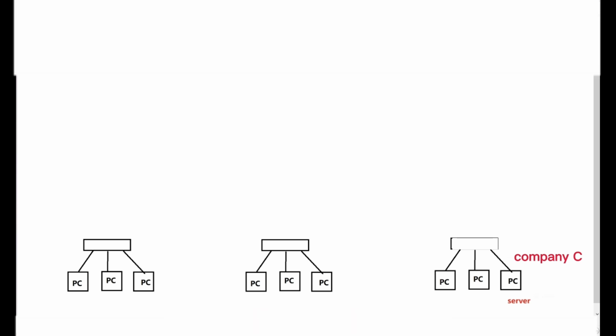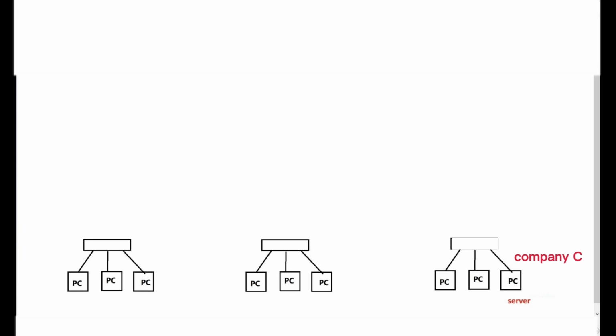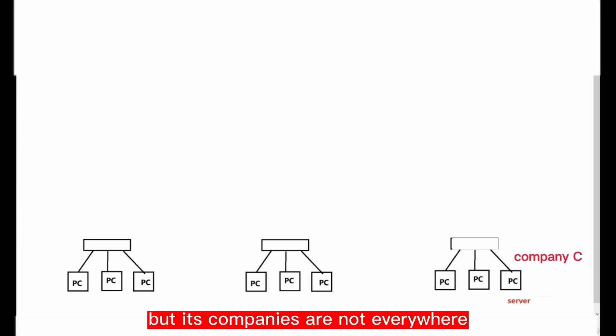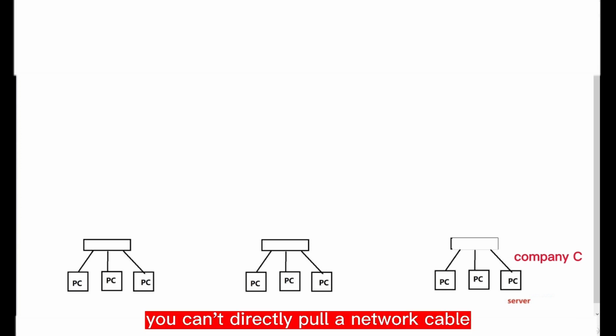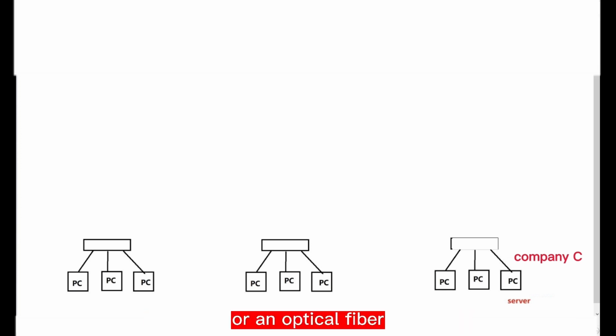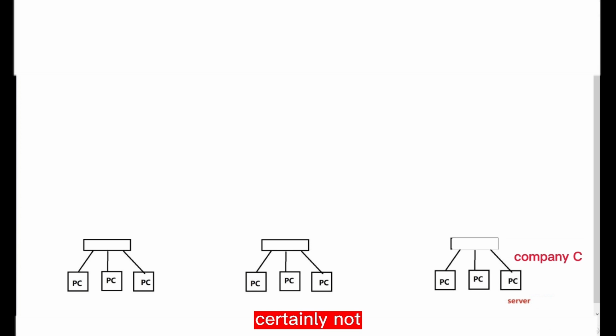For example, as a server of C company, there are people from all over the world who want to visit company C. But its companies are not everywhere. How to connect between different companies? You can't directly pull a network cable or an optical fiber from my device to company C's device. Certainly not.